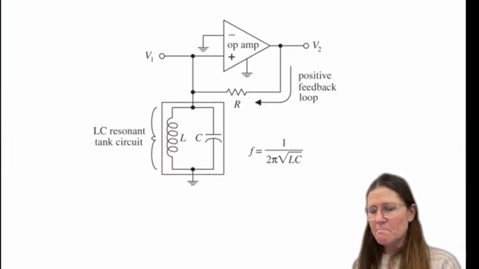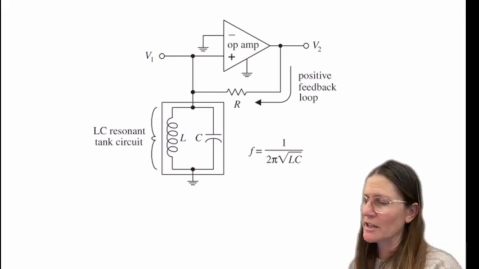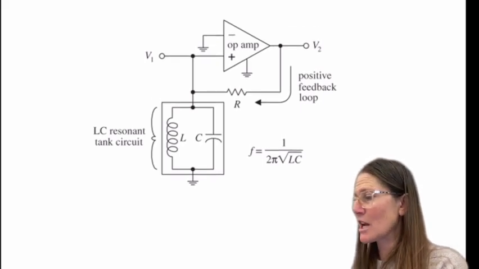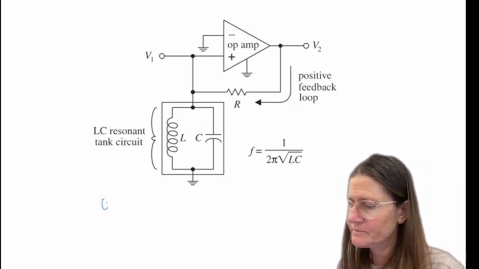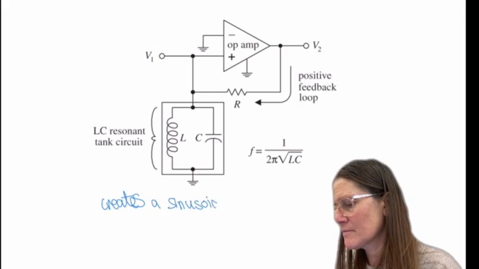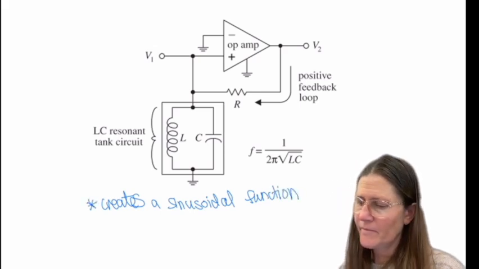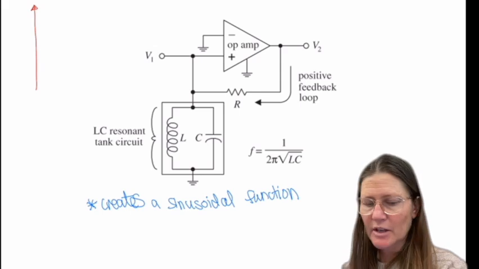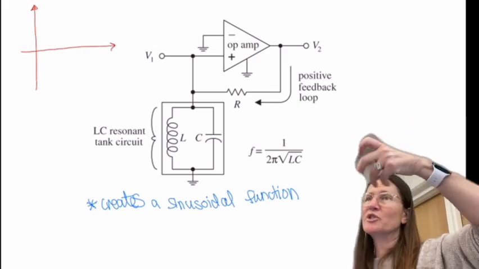All right, this is another circuit you may see. This LC that we talked about is called a tank circuit. And what this circuit does is actually create a sinusoidal function. So what is happening here is that, remember, this LC keeps changing the current flow.